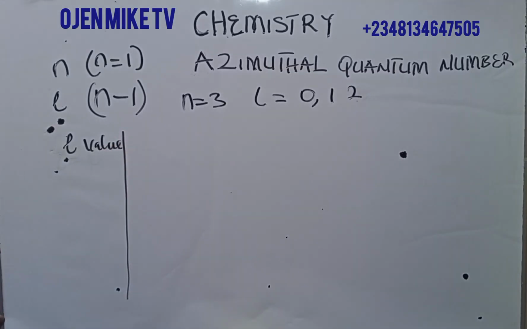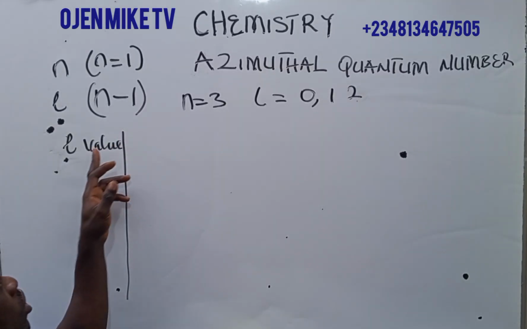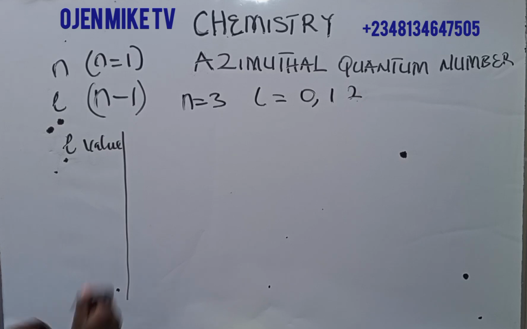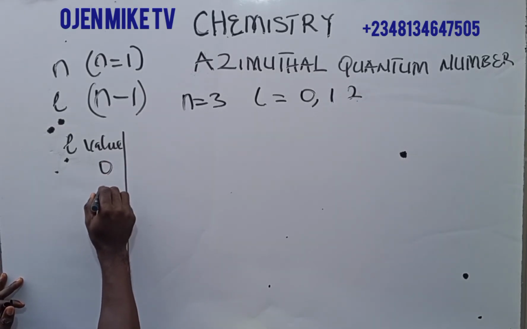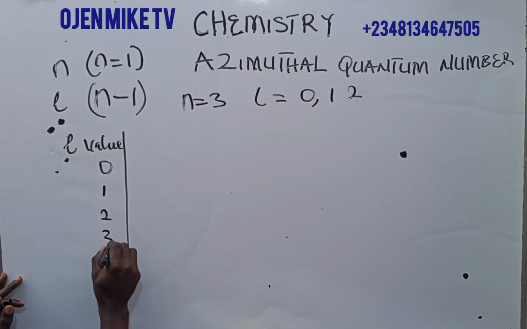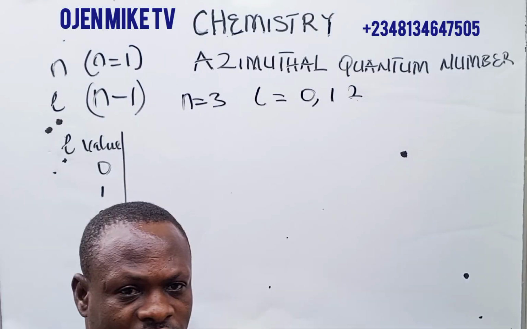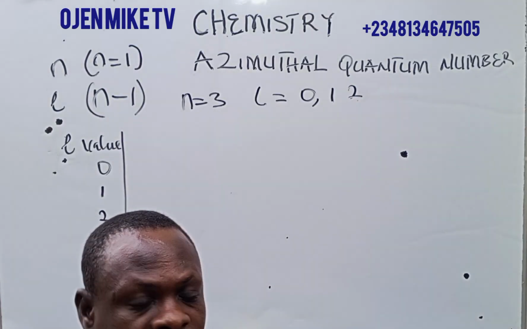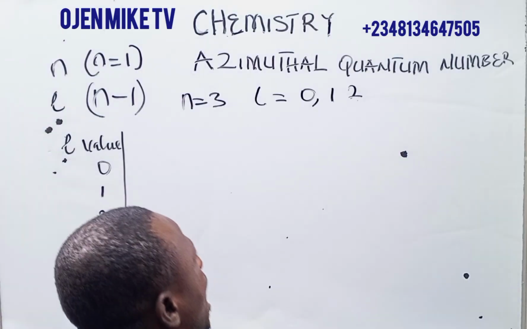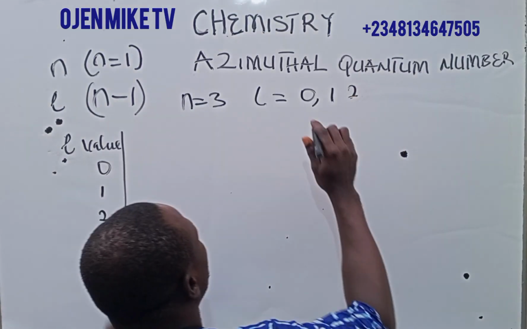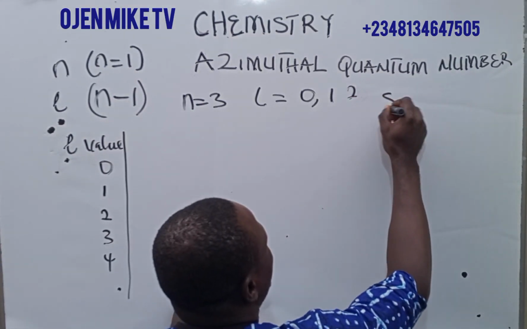I've told you that the L value ranges from 0, 1, 2, 3, 4. Do you get that? Now, the azimuthal quantum number has to do with the subshell. And the subshells of the azimuthal quantum number are what?